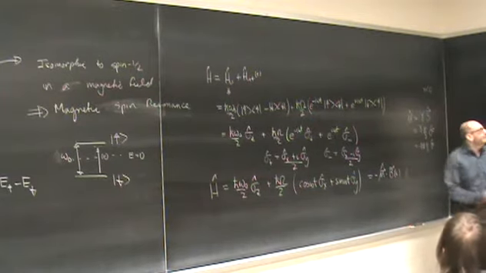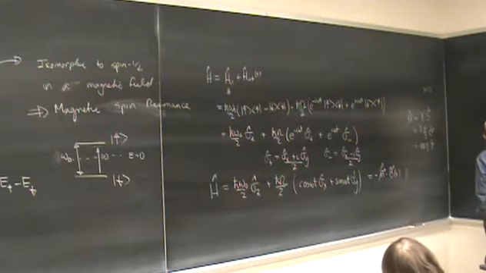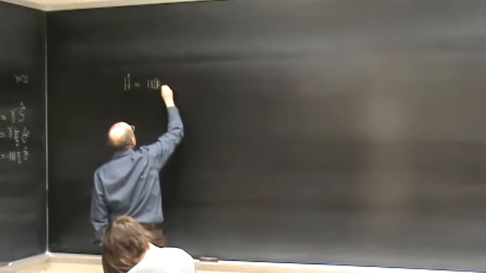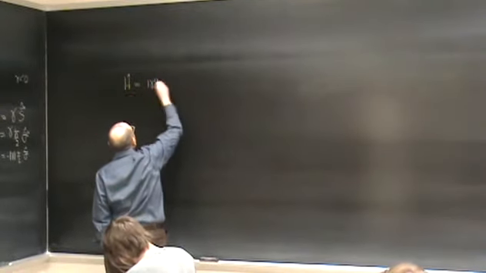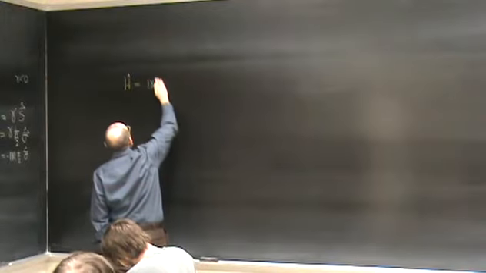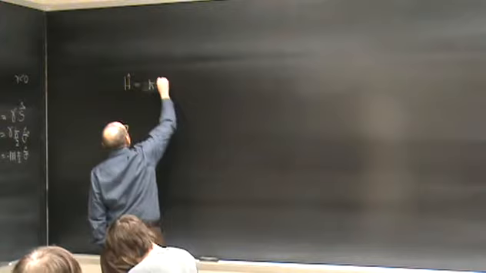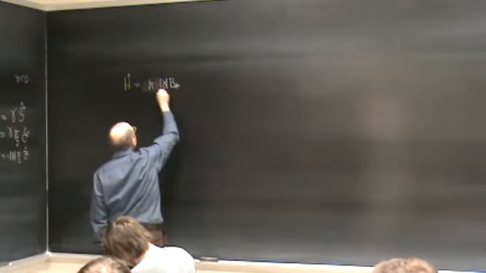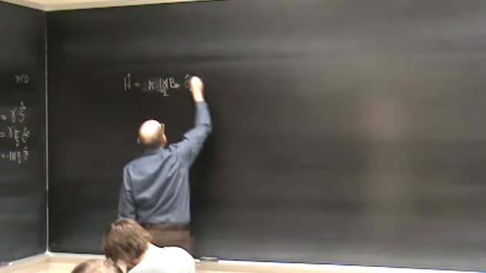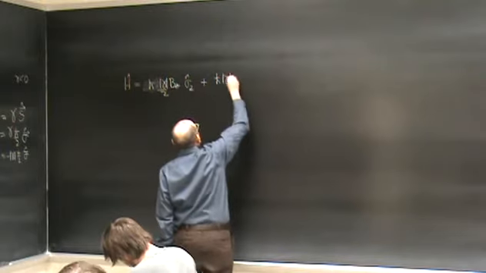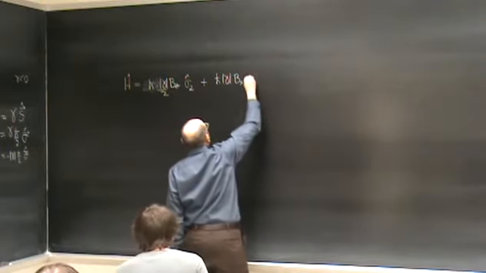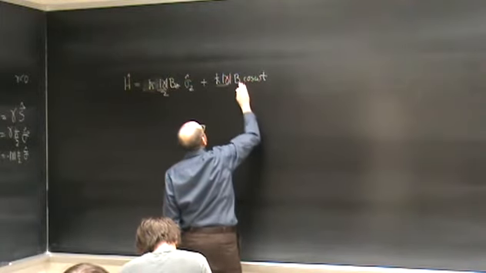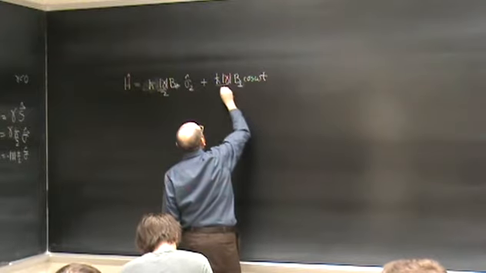Then my Hamiltonian has this equivalent form if I say that there's a component of the magnetic field in the z direction that is constant, and a component of the magnetic field in the x and y direction, which is oscillating at frequency omega.